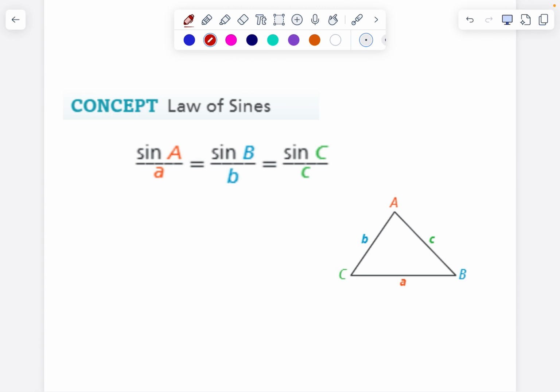Okay, good. So, what did you say? Tobin, what did you guys say? The angles are opposite from the side length.